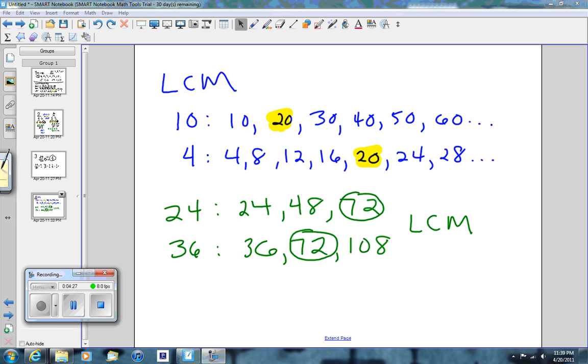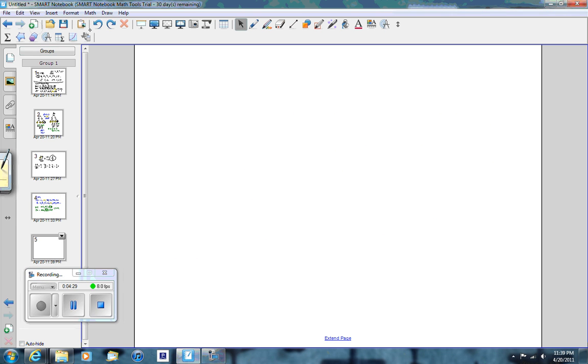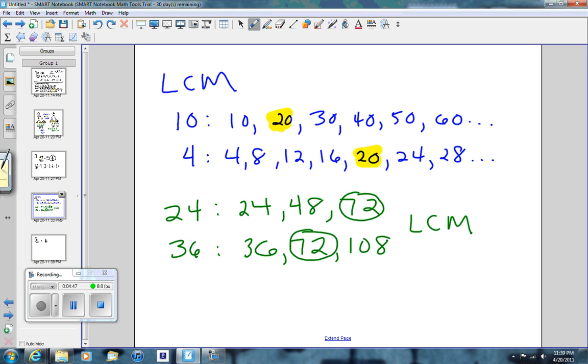To put the lowest common multiple into use, let me give you an example problem. Say you had a couple of fractions, 5/24, and they wanted you to add 3/36. Now we just figured out the lowest common multiple of 24 and 36 is 72.